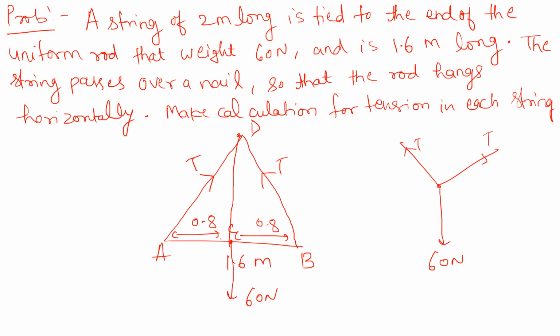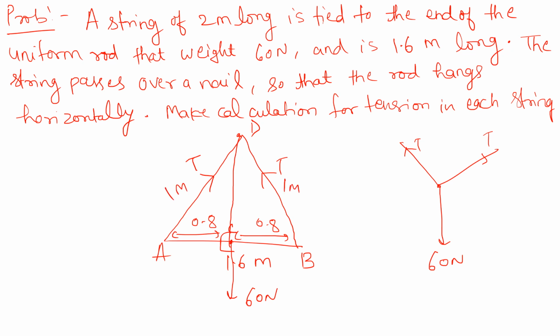If this is 90 degree, and this is 90, and this string is 2 meter long, also the string of 2 meter long is tied. So 1 meter is this and 1 meter is this.